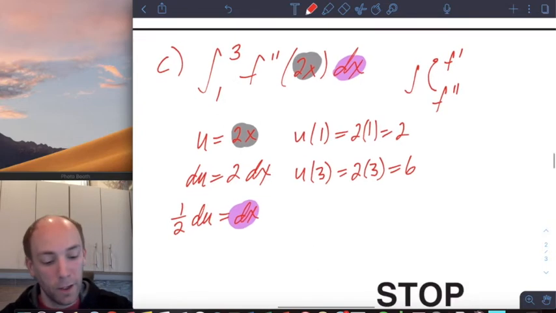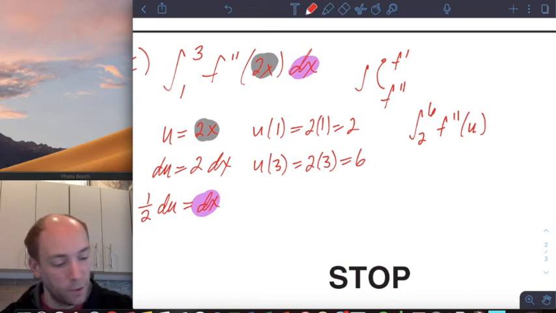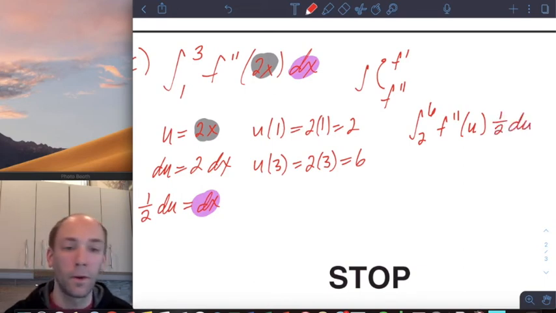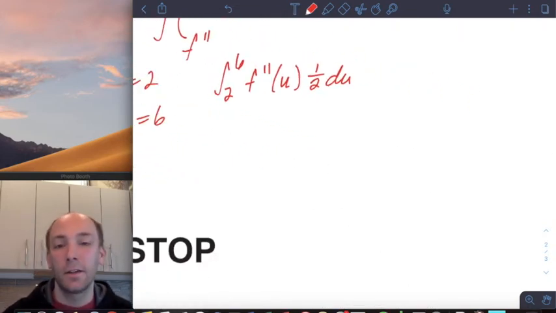Okay, so my new integral is the integral from 2 to 6 of f double prime of u, and then the dx is going to change to 1/2 du. Okay, so let's go ahead and integrate.